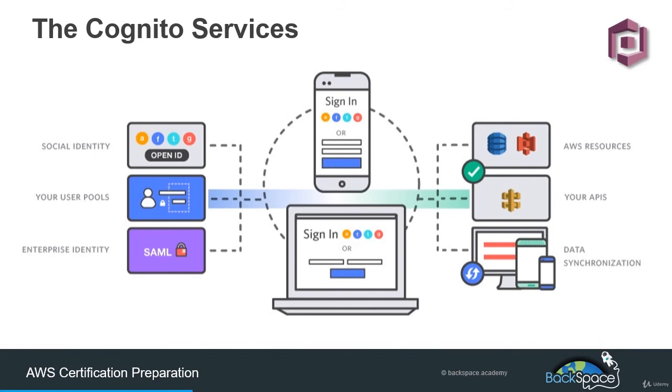And then once they've signed in on that mobile or web application, the Cognito Federated ID service can then issue AWS STS, Security Token Service, credentials for that end user.